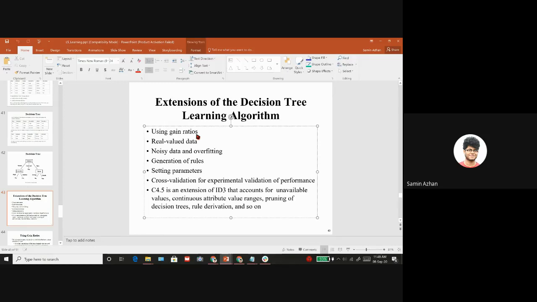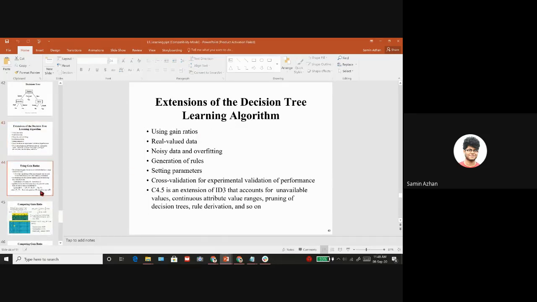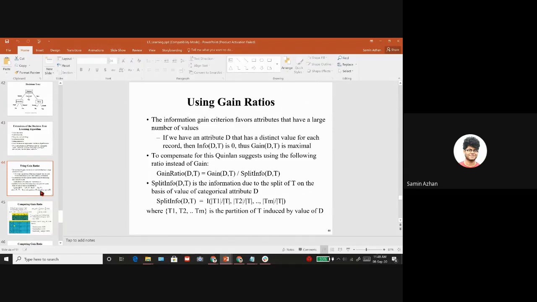So how can we use gain ratios instead of information gain? In the next slide, we see an equation for calculating gain ratio right here. The gain ratio is the gain divided by split info. We already know how to calculate the gain, or the information gain. Now we have to know what this thing called split info is.